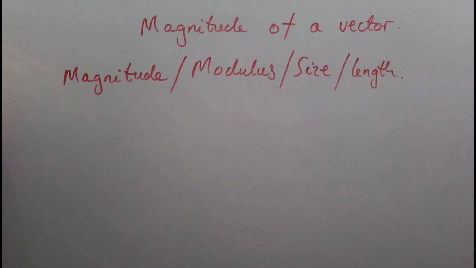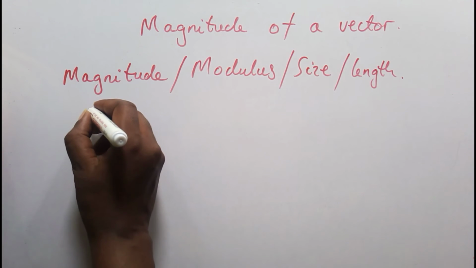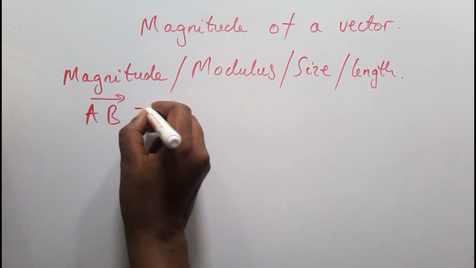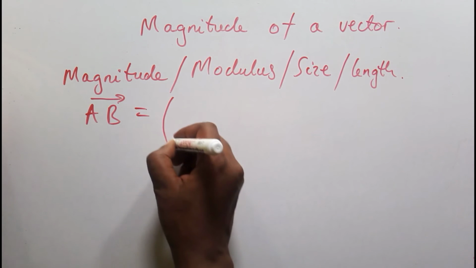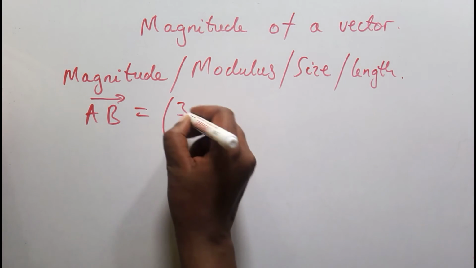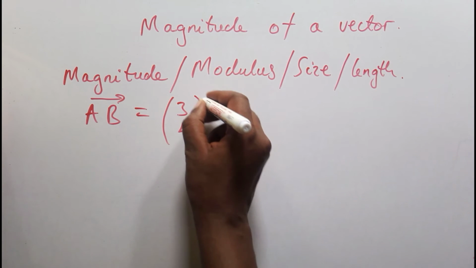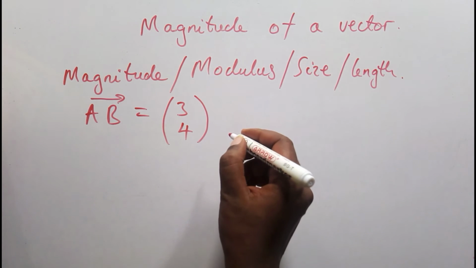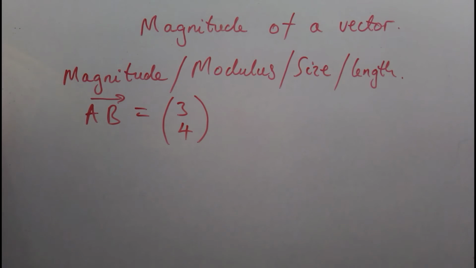Now let us look at an example using numerical values. In our example, we're going to take the values of AB to be (3, 4), which means the x component is 3 and the y component is 4. As you can see right there, with our AB in column form, that's how we represent our vectors.